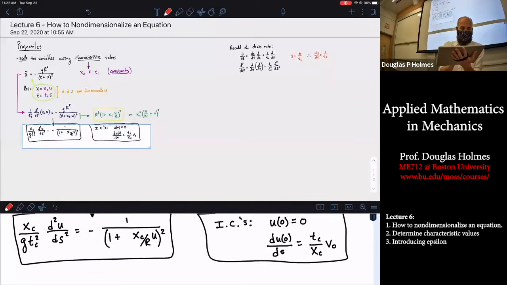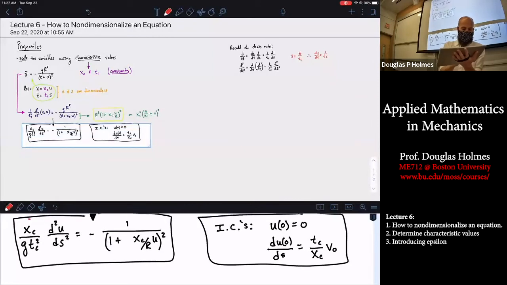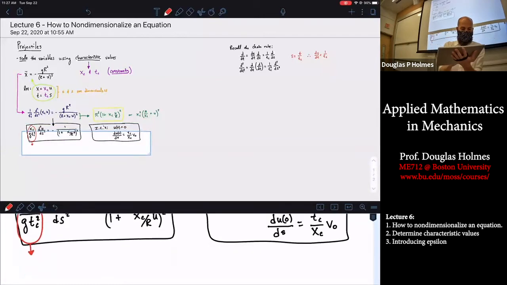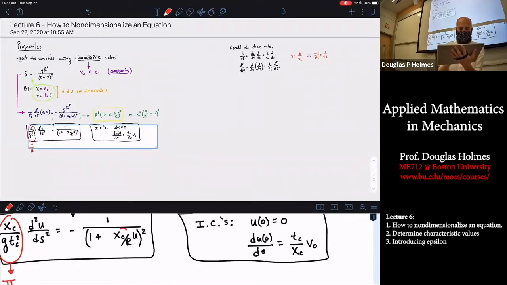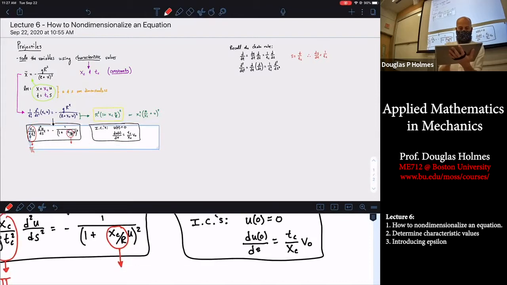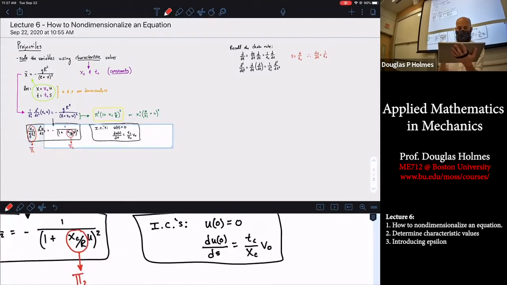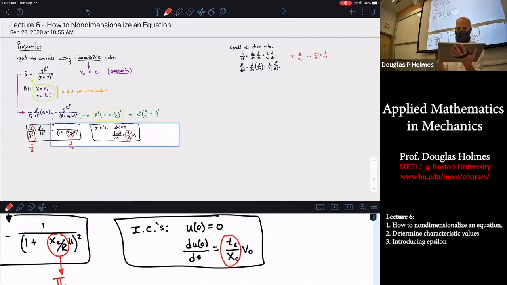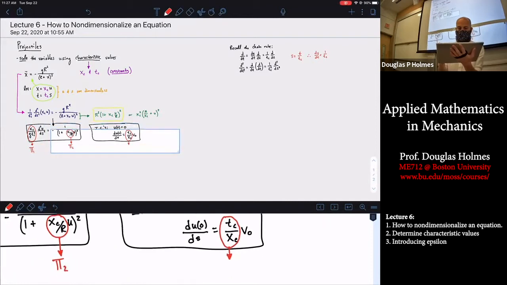We'll call this thing capital Pi 1, this will be capital Pi 2, and this is capital Pi 3.